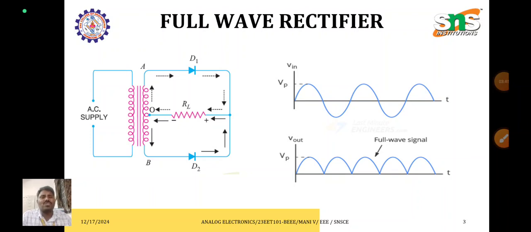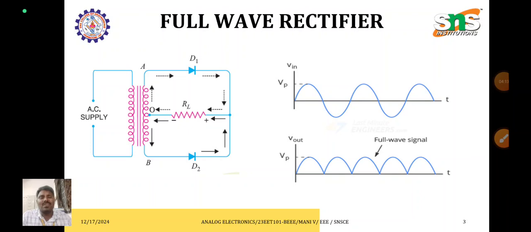During the positive half cycle, the current direction starts from A to diode D1 to RL, connected with O. During this condition, diode D1 is conducting, so we can get the output in the positive half cycle. At the same time, terminal B is connected and we can start with O to RL to diode D2, but in reverse bias diode D2 will not conduct. So during the positive half cycle, D1 alone conducts.